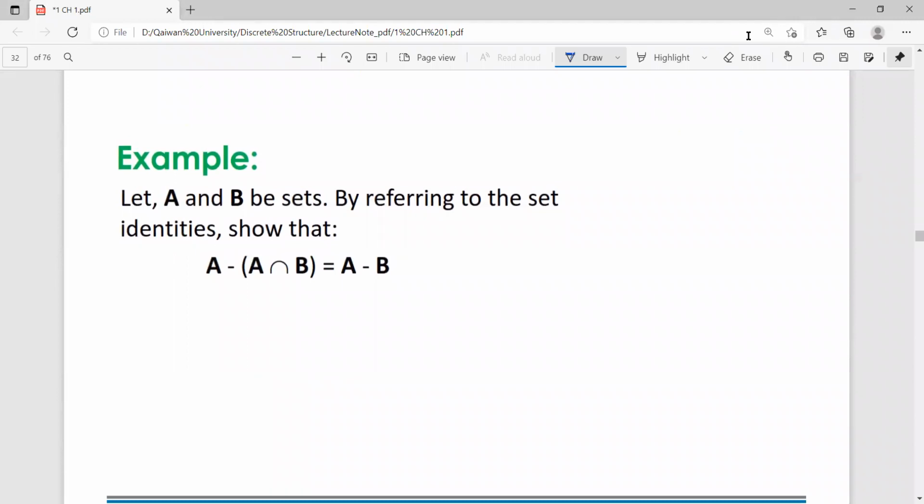So now we have another example. In this example, it says, let A and B be two sets. Prove that or show that A difference A intersection B is equal to A difference B. Now we take one of the sides and you must get the other side.